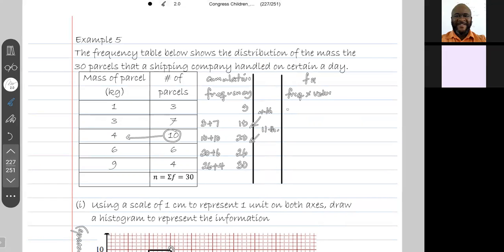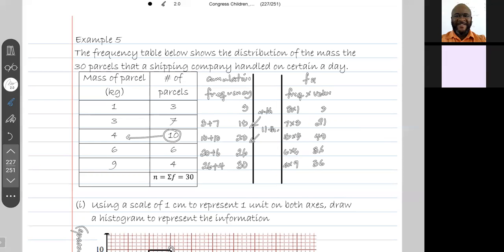This is 3 times 1, 3. 7 times 3, 21. 10 times 4, 40. 6 times 6, 36. 4 times 9, 36.